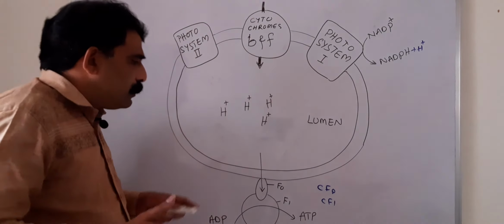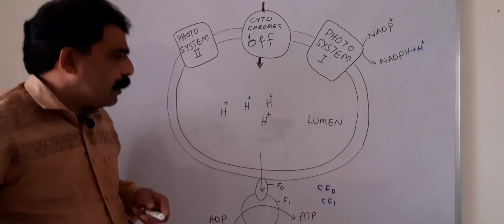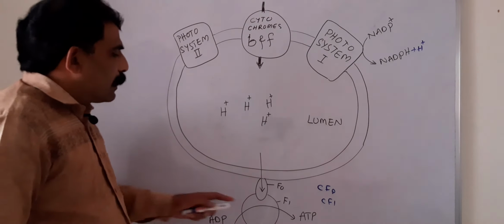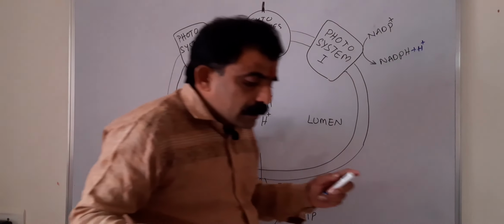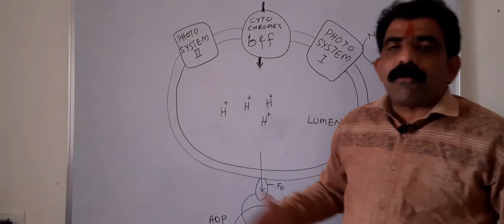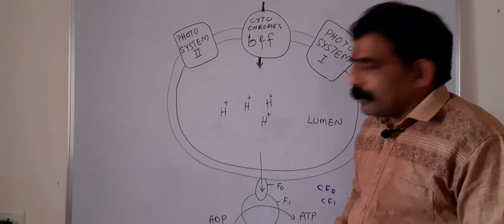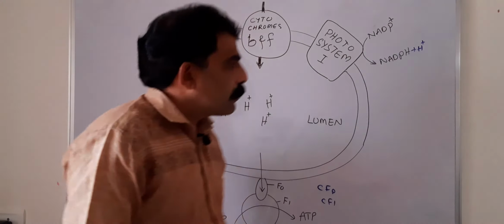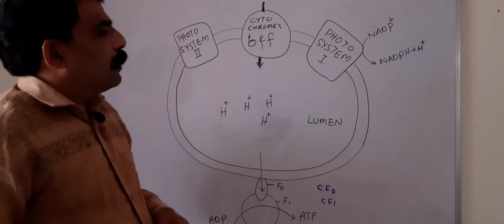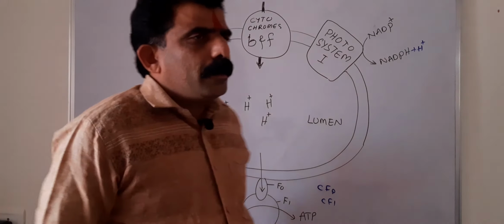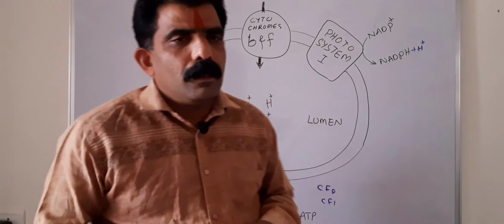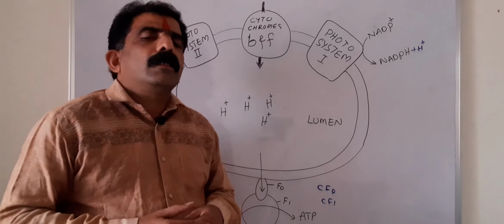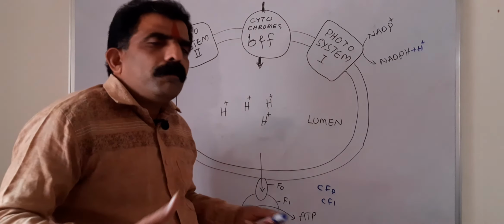So the energy released due to the flow back of protons from the lumen into the stroma causes conformational changes that enable the formation of ATP by the F1 particle. Like this, a concentration gradient is established between the lumen and stroma, and while breaking down that concentration gradient, ATPs are generated.